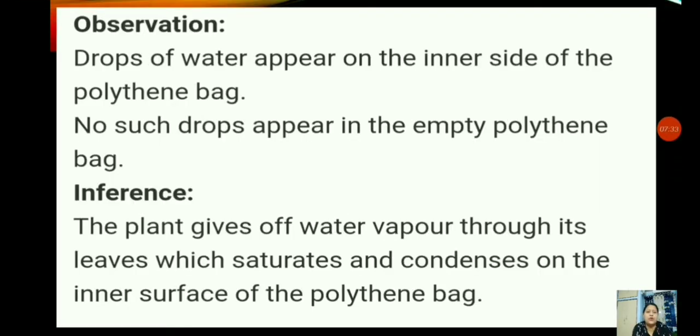After 2 or 3 hours, we will observe that drops of water appear on the inner side of the polythene bag covering the plant. No such drops appear in the empty polythene bag.